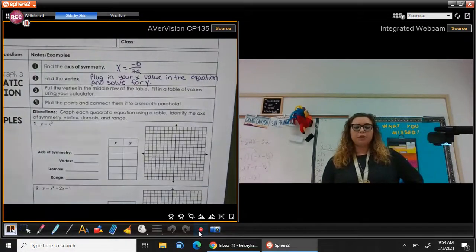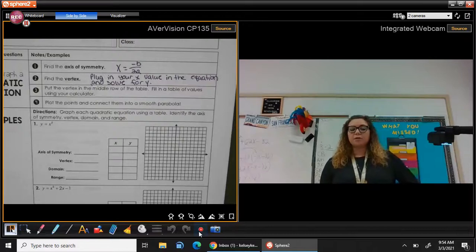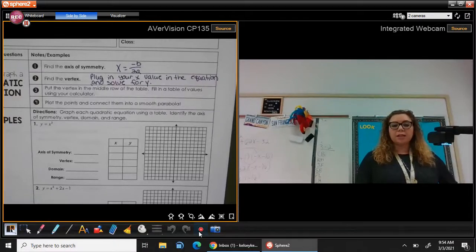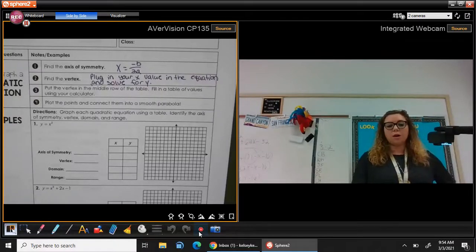You're going to put the vertex in the middle row of the table and fill in the table of values using your calculator. Then you're going to plot the points and connect them into a smooth parabola.